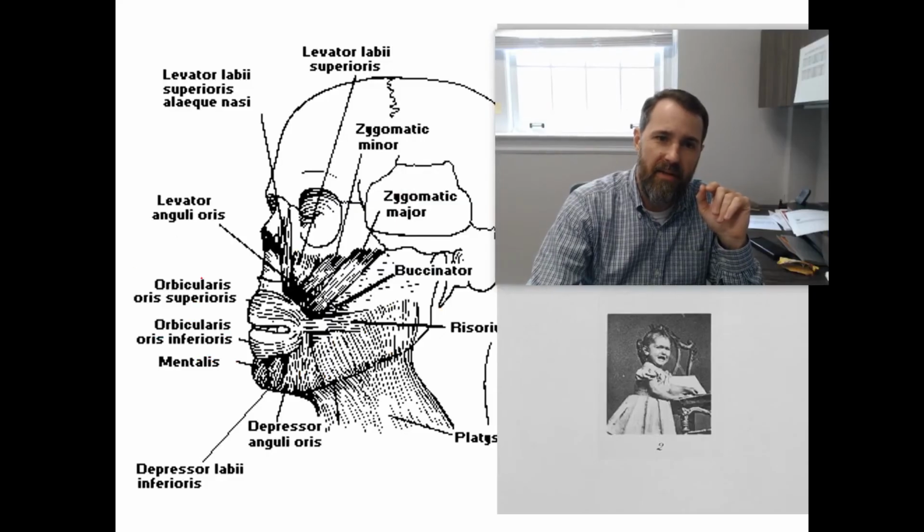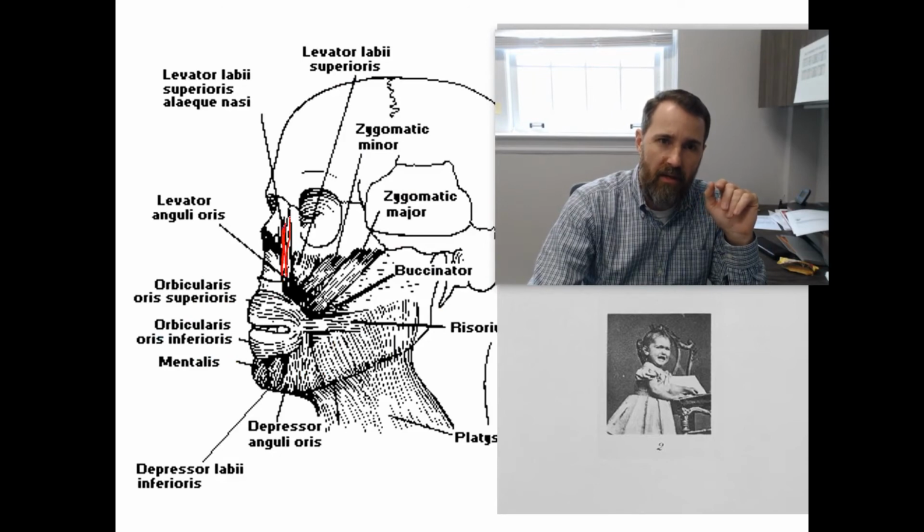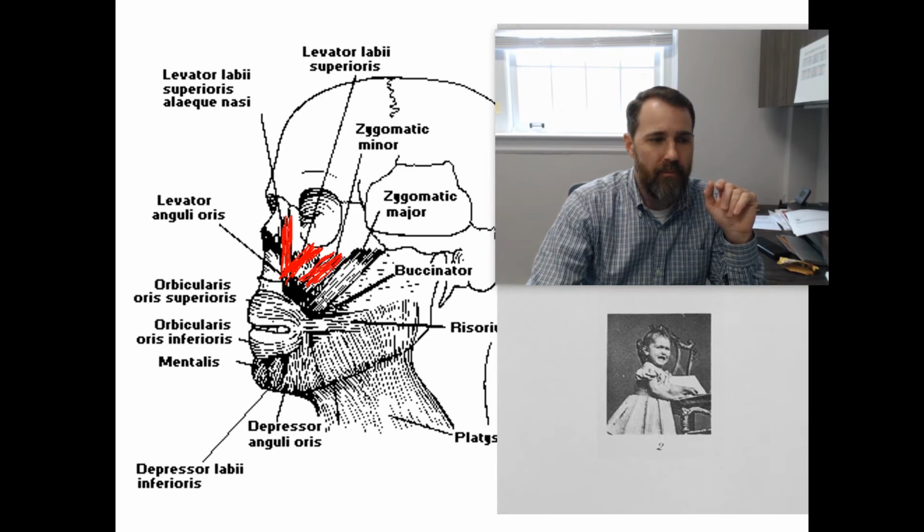So looking at this image, you see straight up and down, levator labii superioris alaeque nasi. And then a little bit more laterally, you have levator labii superioris. And a little bit more laterally, you have zygomatic minor. You can see how if these muscles contract, they are going to work to pull the upper lip up.